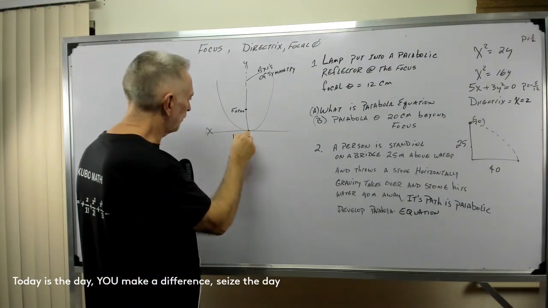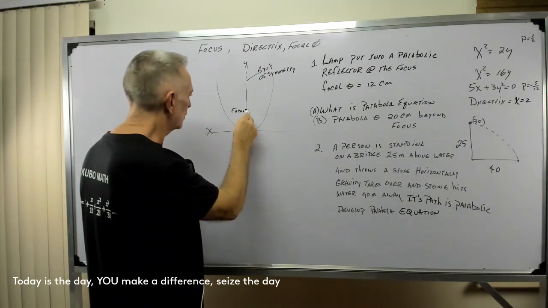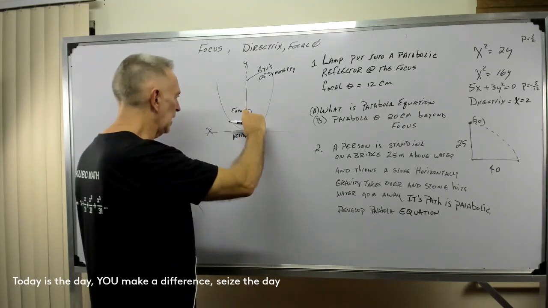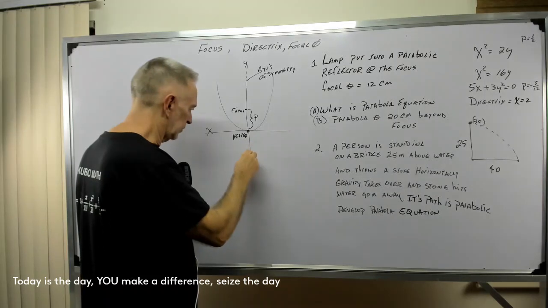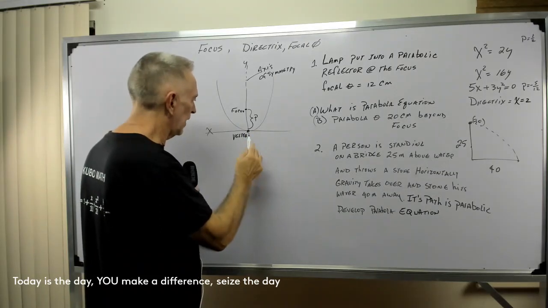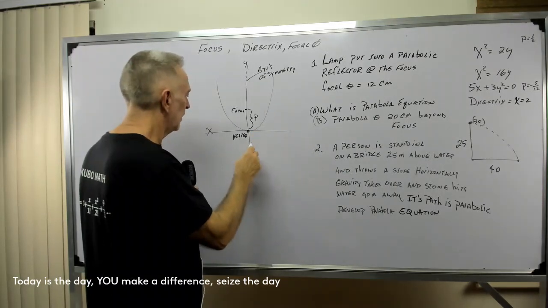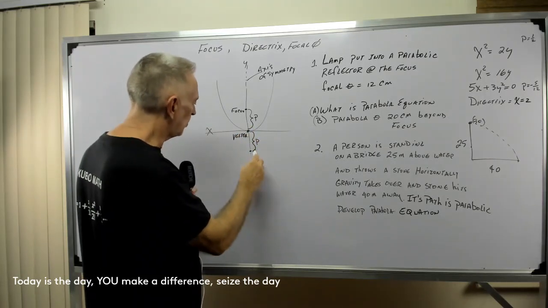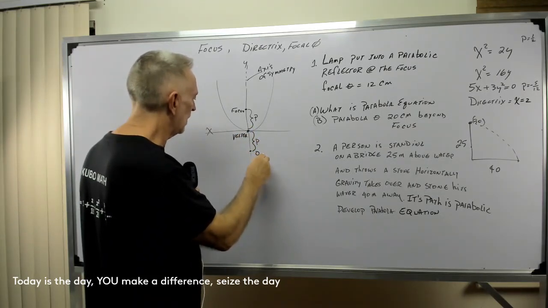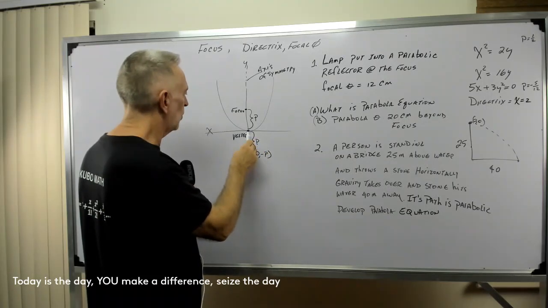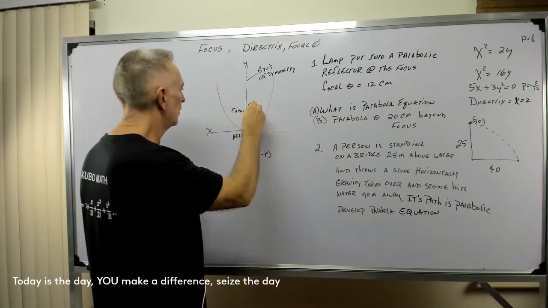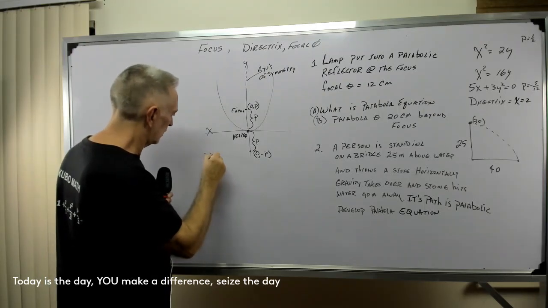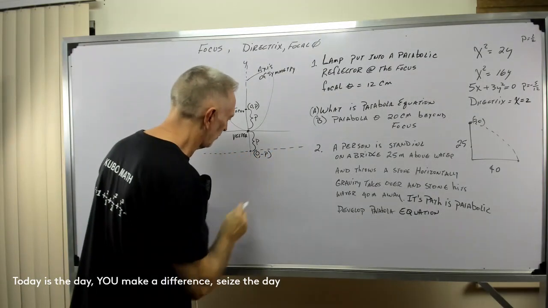From the vertex, it's at a distance called P. Now, there's a line below that, the same distance below, also P. This is the point 0, minus P, and this is the point 0, P. And there's that directrix, that's hard for me to say.